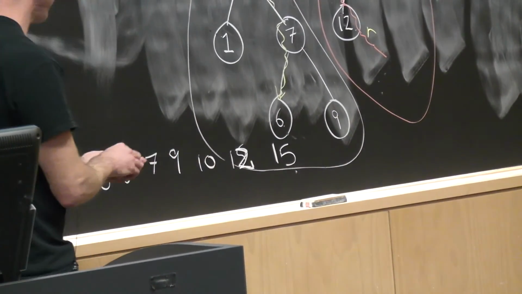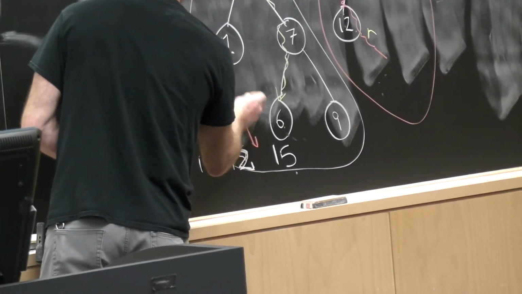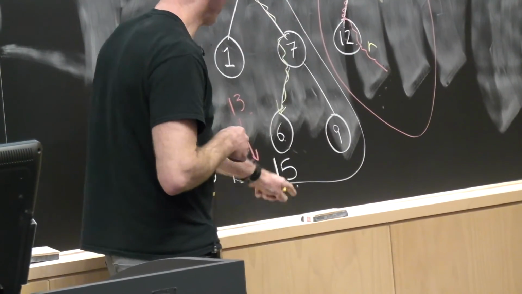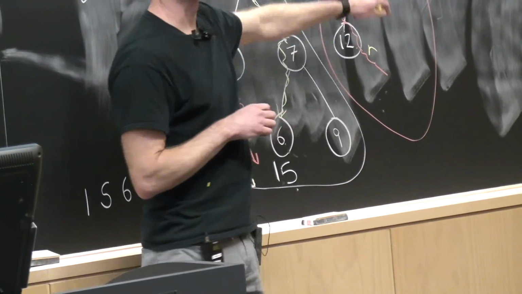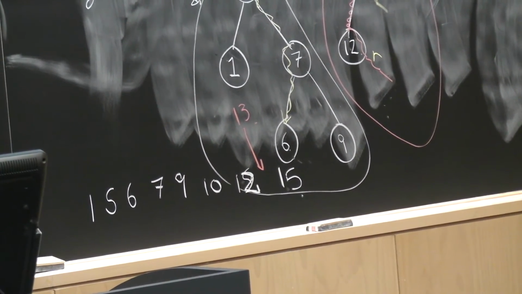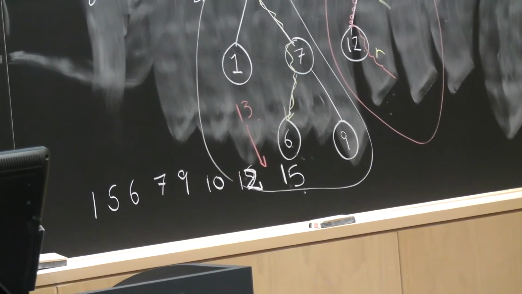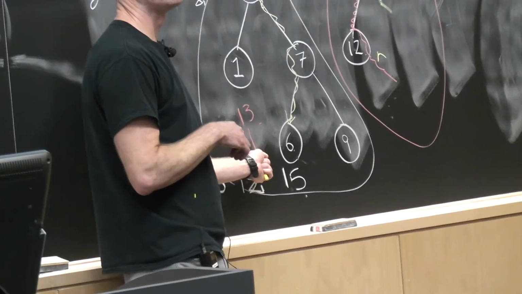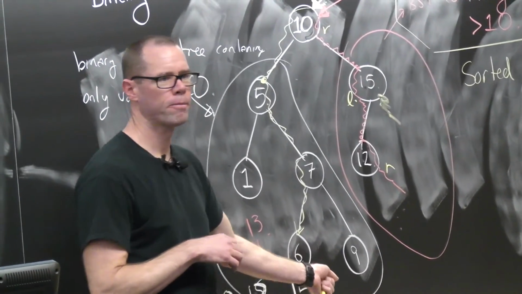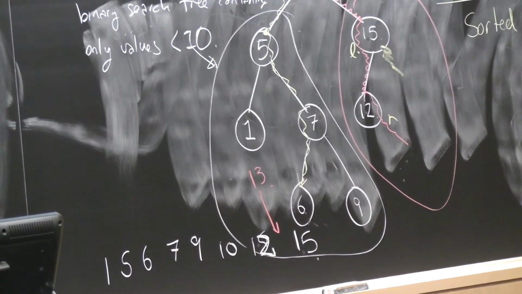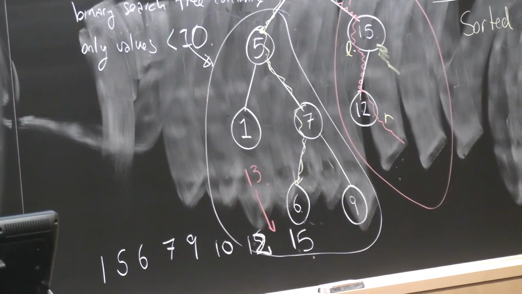Well, where does 13 fit into that sequence? Right there. Right after 12, the last place I turned right, and right before 15, the last place I turned left. So actually this path doesn't just tell me that the thing is not there. It tells me, well, it's not there, but here are the two closest things, the closest one on the left and the closest one on the right. Is that always the case? Yeah.